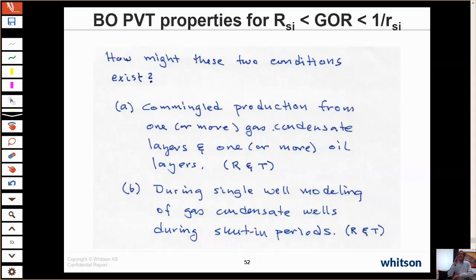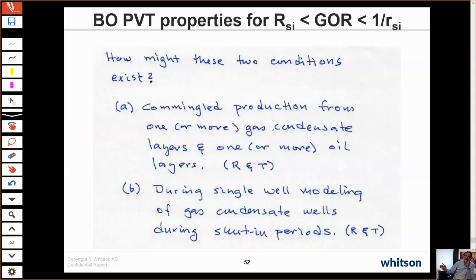Question is, why might we need them? Okay, why might we need them? These are just two examples. If you've got commingled production where there are multiple zones and at least one zone has a gas condensate, another zone has an oil, okay?